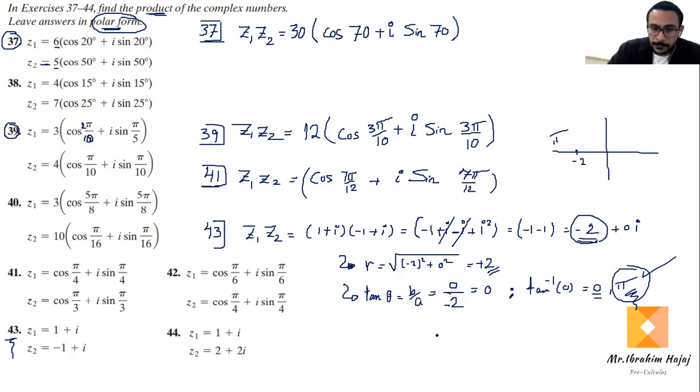Yes, 0. Okay, so we will use pi here to write this number: z equals r is 2, and then open parentheses cosine pi plus i sine pi. Yes, so this is my final answer. I did the product normally and then I converted the product to polar form.